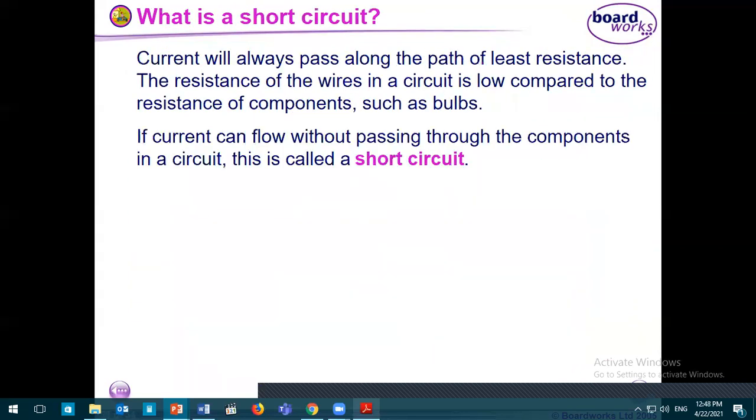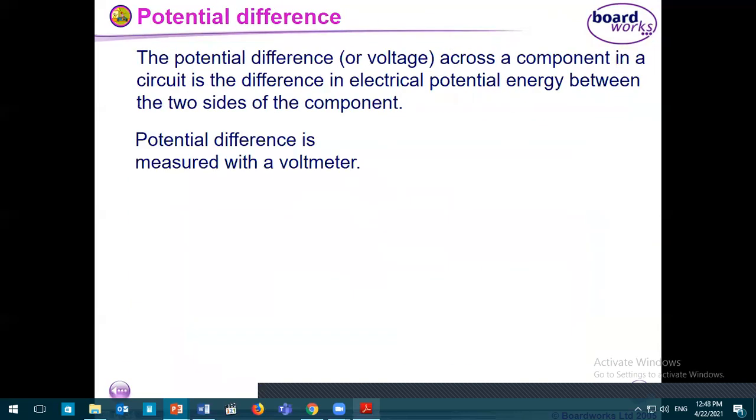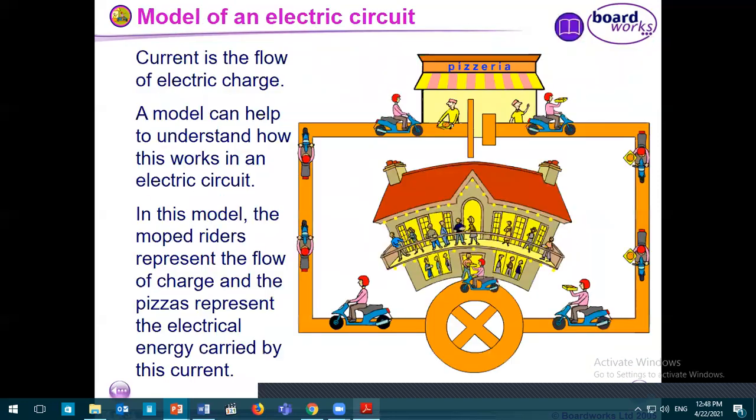As we mentioned before, we have different types of circuit: parallel circuit and series circuit. The series circuit, we can say it's a simple one, the one that contains only one path for electricity to move through, like this man walking or driving his motorcycle through only one path.